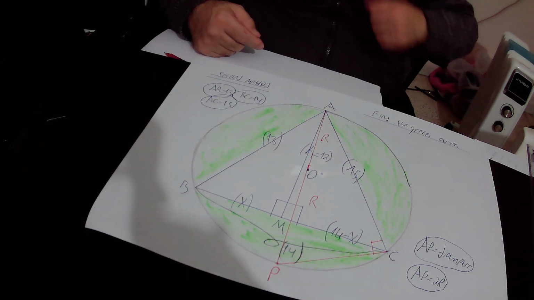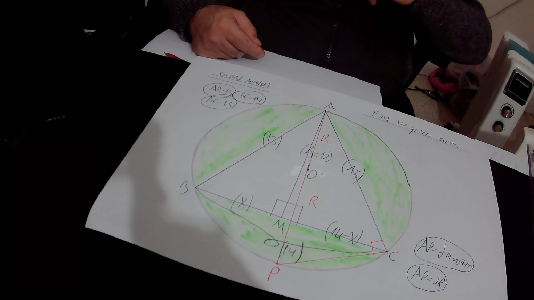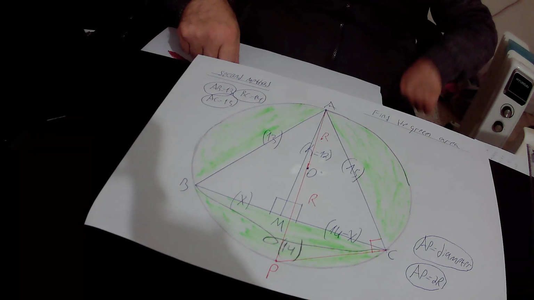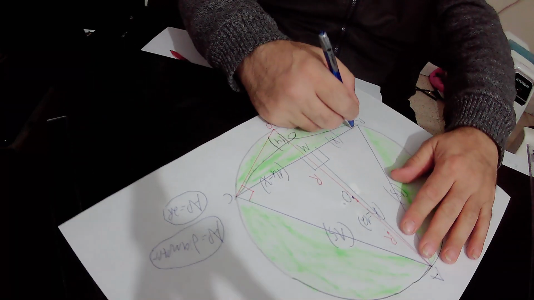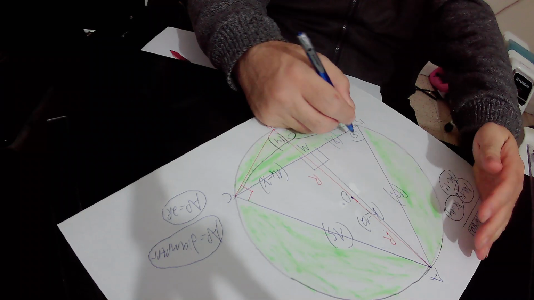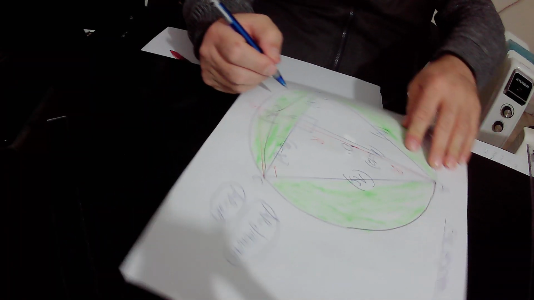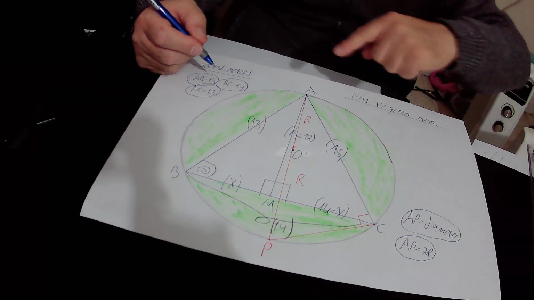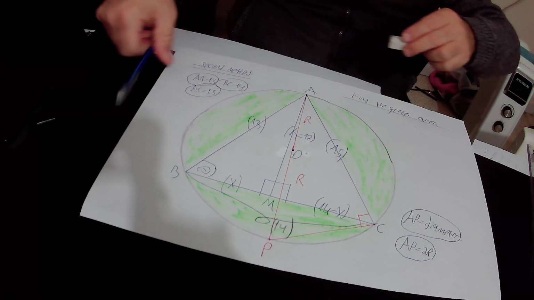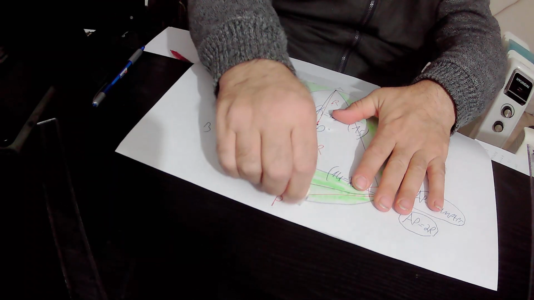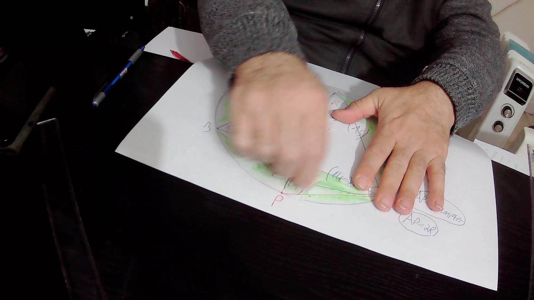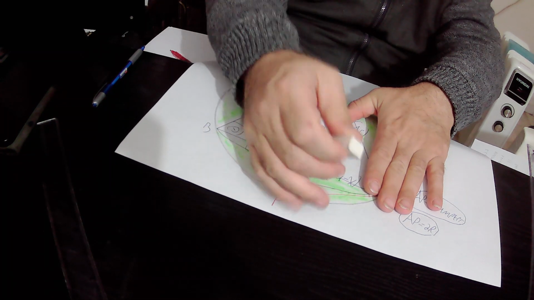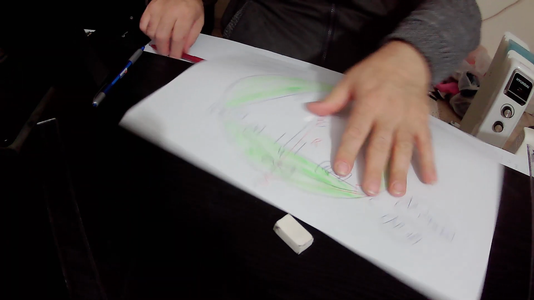So if we define the size of this peripheral angle ABC as theta, then the other peripheral angle APC that rests on the same chord AC must also be equal to theta.